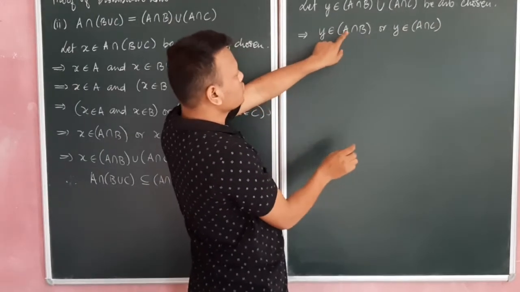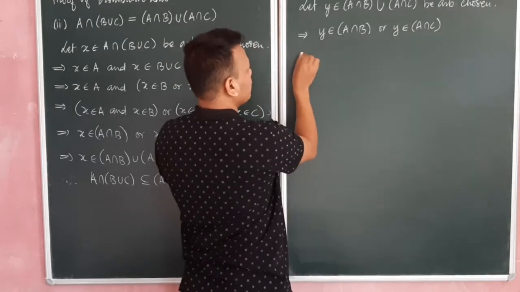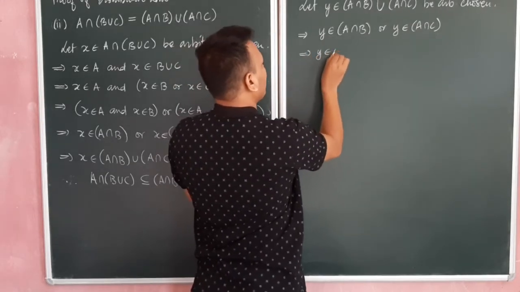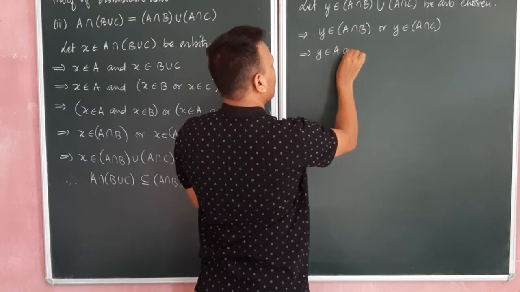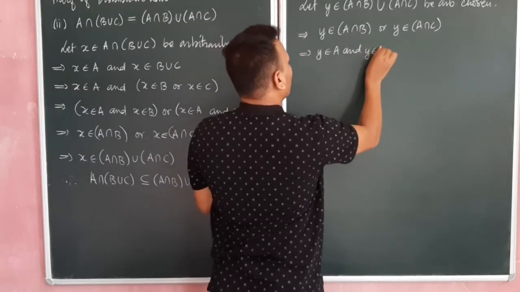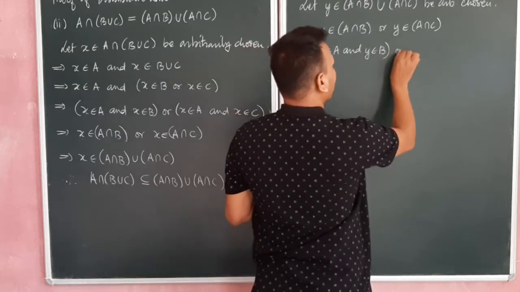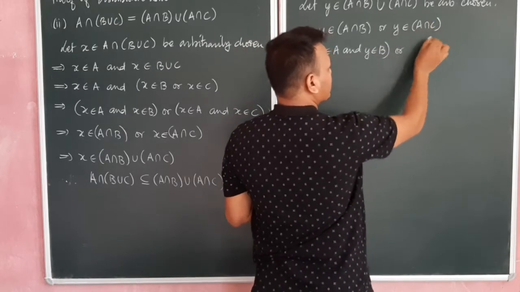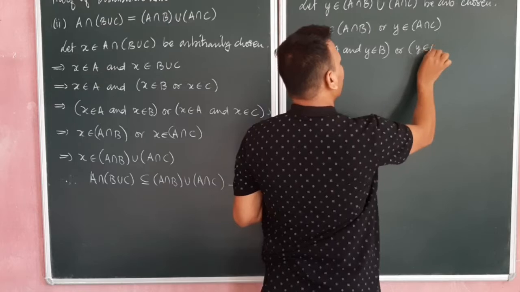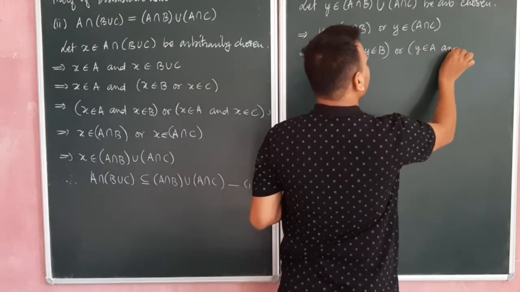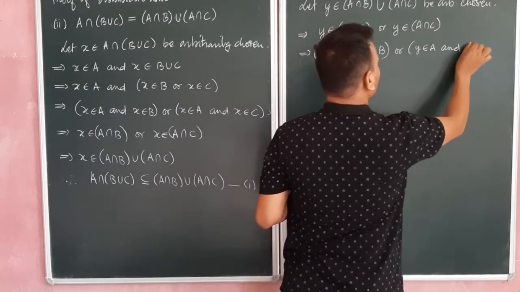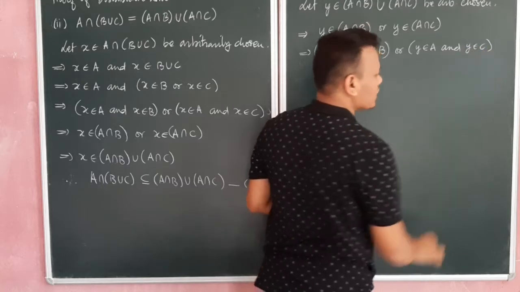Now if y belongs to A intersection B, then this means y belongs to A and y belongs to B, isn't it? Yes? Or y belonging to A intersection C means y belongs to A and y belongs to C. Alright.